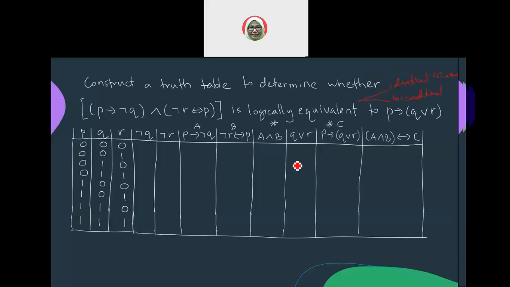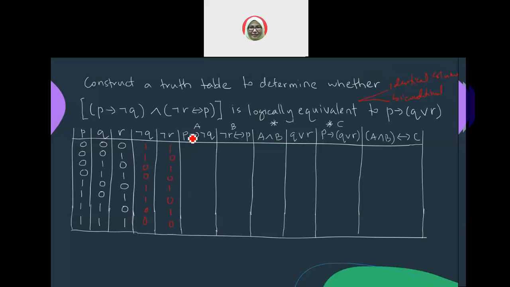Choose one, but here I show you all. So all right, let's fill in the truth values for all columns. Not Q should be 1 1 0 0 1 1 0 0. Not R, 1 0 1 0 1 0 1 0.